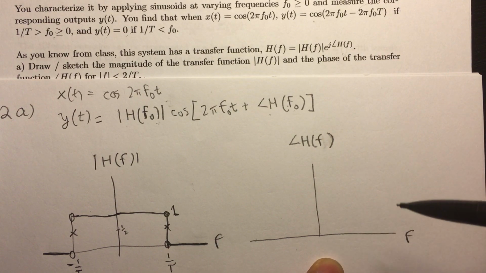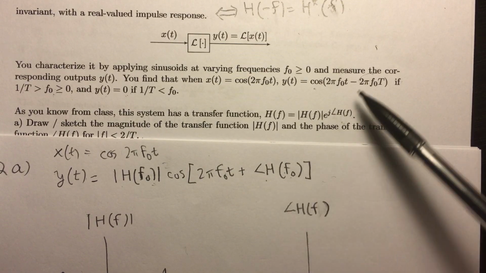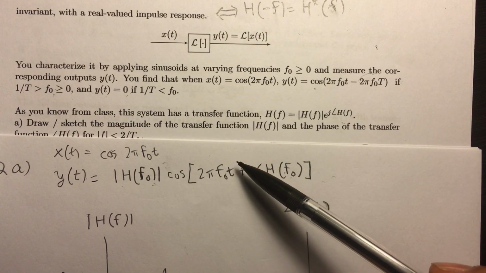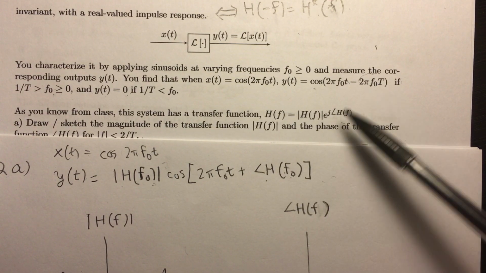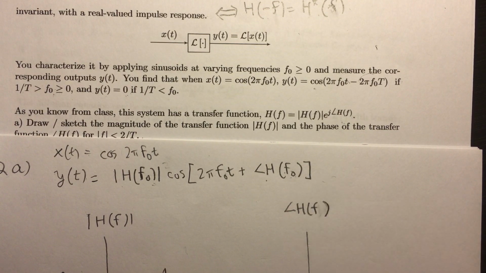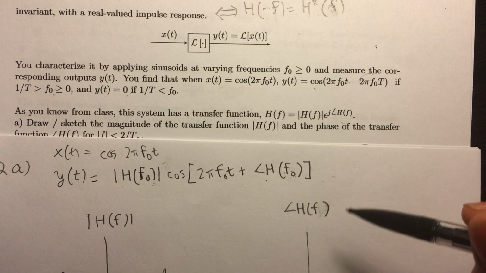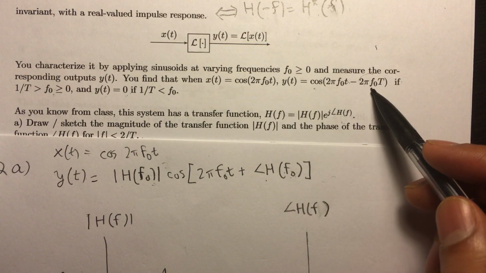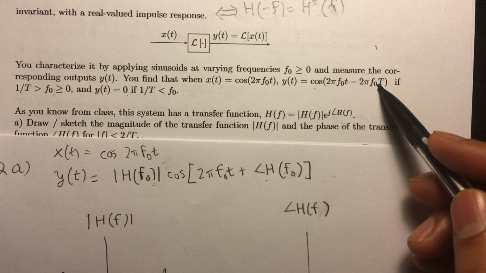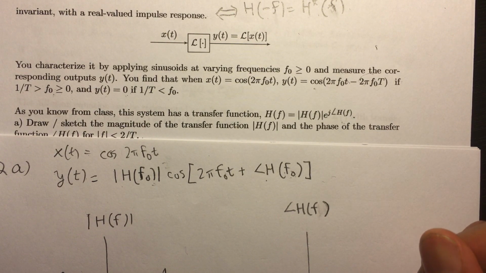Now the phase is a little bit more tricky, so let's look at this expression here and this expression here. Of course the frequency doesn't change. The phase is going to be equal to the phase of the transfer function, so every time I put in a frequency, I can sample the phase of the transfer function. In particular, this phase goes linearly with the frequency, and it's negative, so it's going to look something like this.